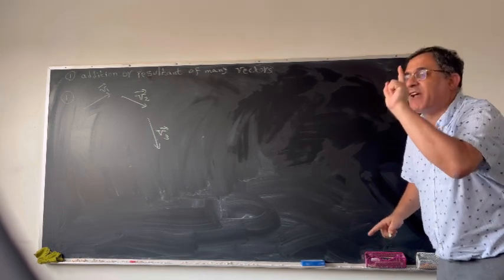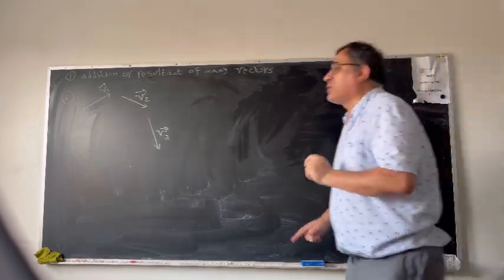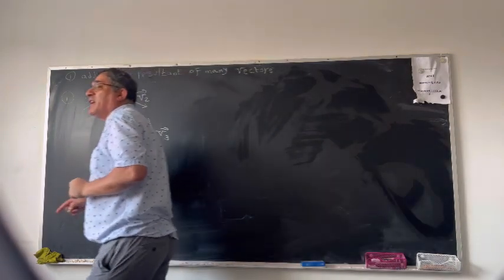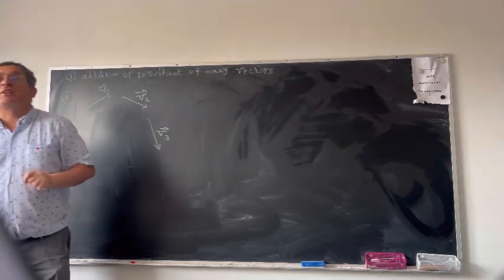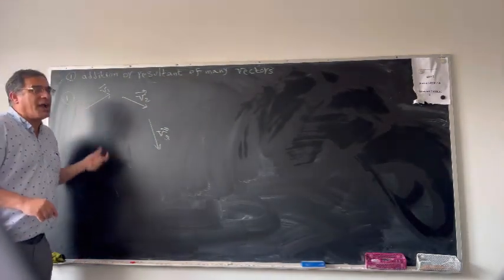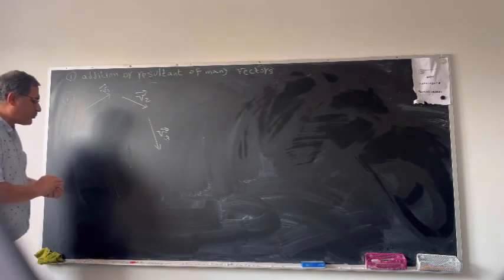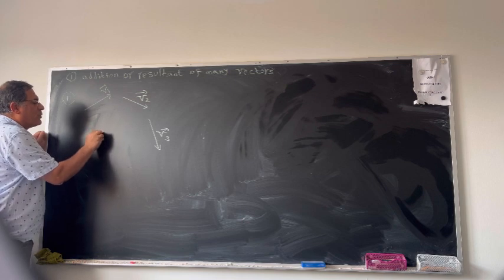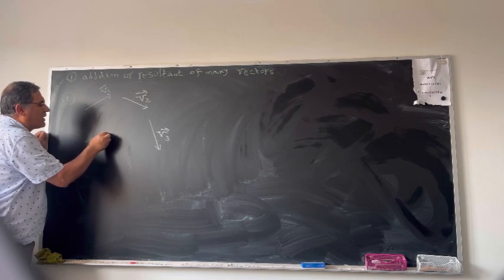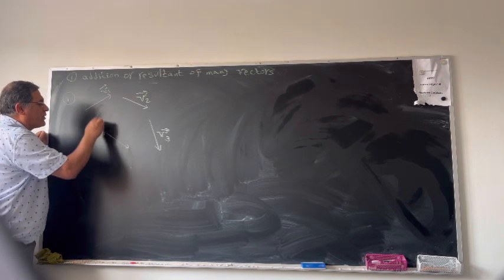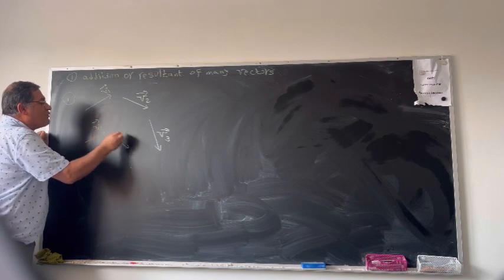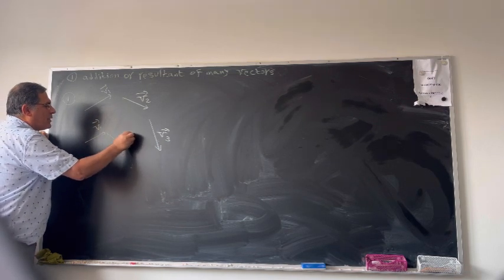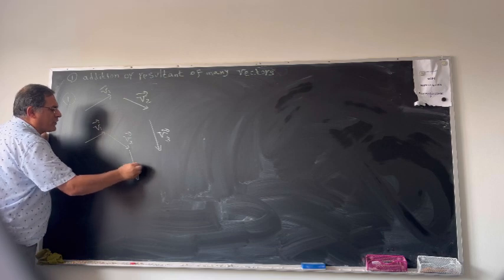The name of this vector is the addition or resultant. How do you find it? Instead of changing the direction of each vector, you put all the vectors following together: vector v1, vector v2, and finally vector v3.